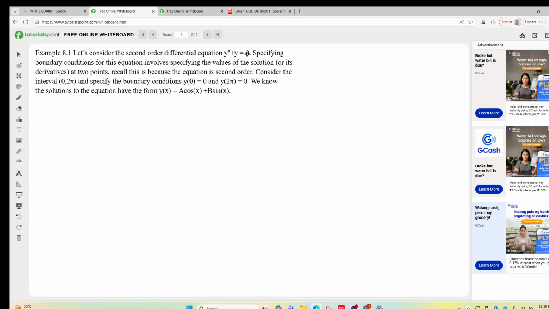Let us consider the second order differential equation, y'' + y = 0, defined on the interval 0 to 2π, with the specified boundary conditions y(0) = 0 and y(2π) = 0. The solution for this equation is in the form y(x) = a cos x + b sin x.